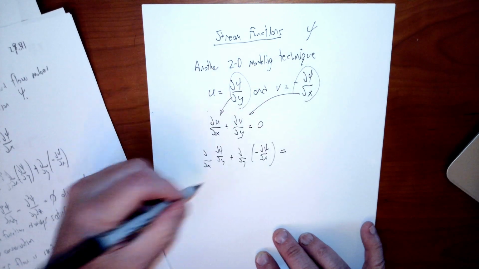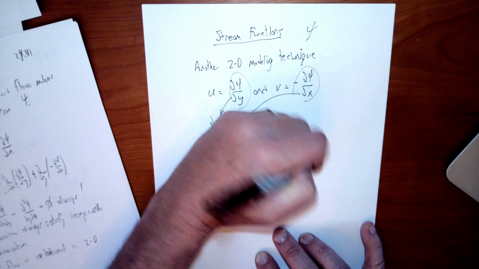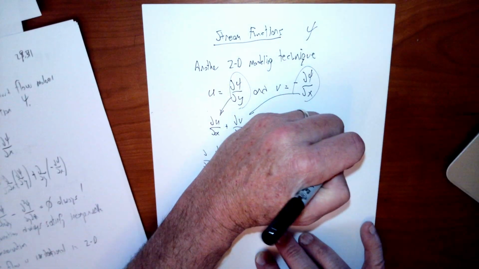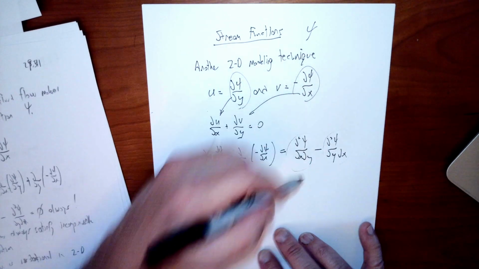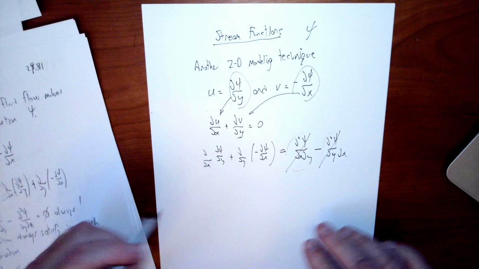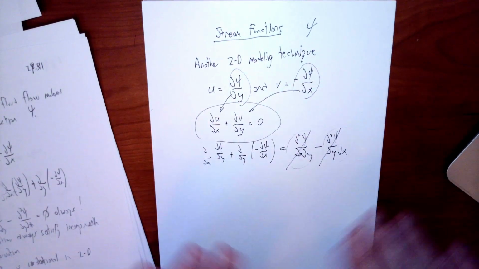Well, this equals d squared psi dx dy minus d squared psi dy dx. These are the same. For smooth continuous functions, the order of derivatives does not matter. So those are 0, which means they satisfy the conservation of mass equation absolutely in all conditions.